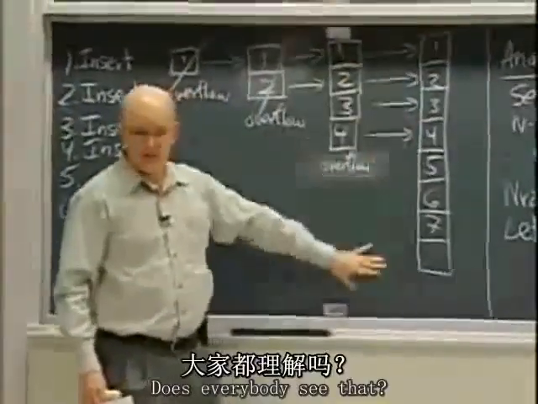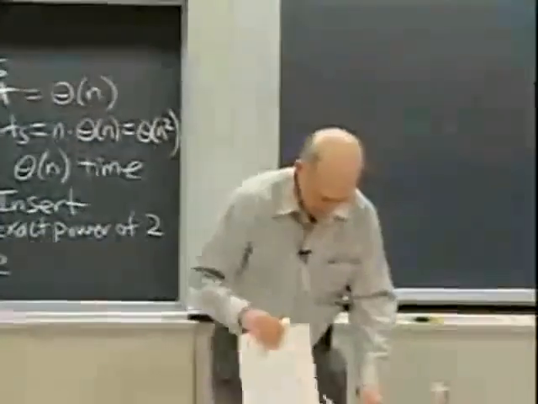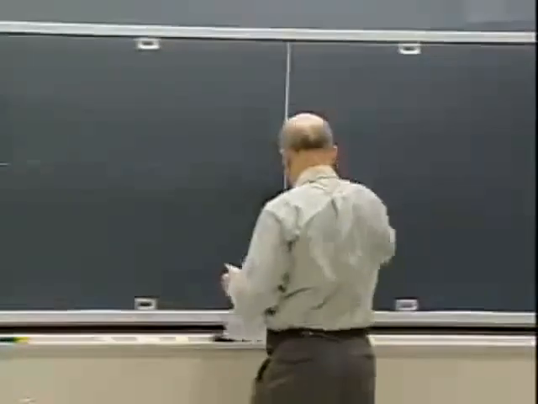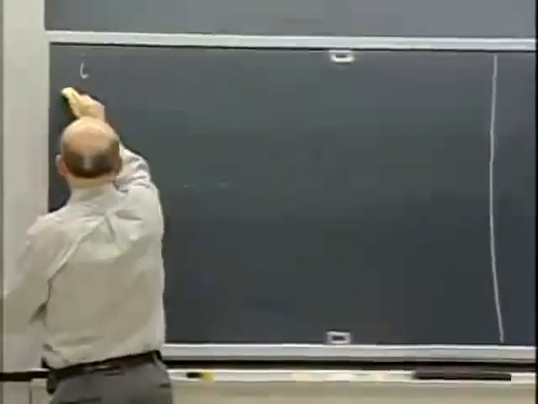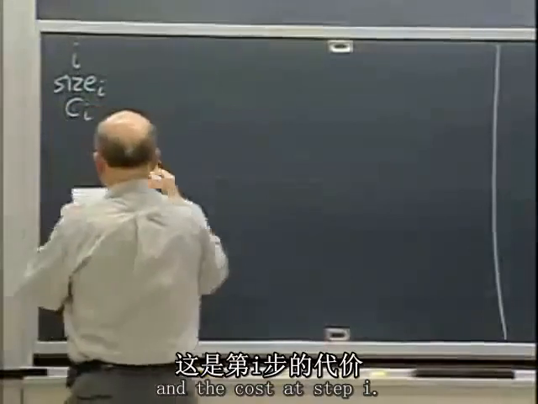So everybody see that? Let's make a little table here so we can see this more clearly. We're going to have i, the size of the table at step i, and the cost at step i.